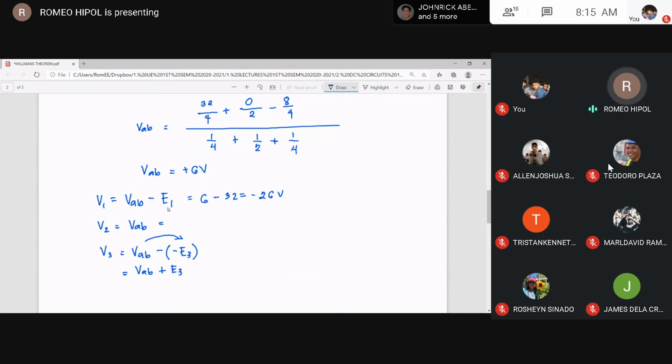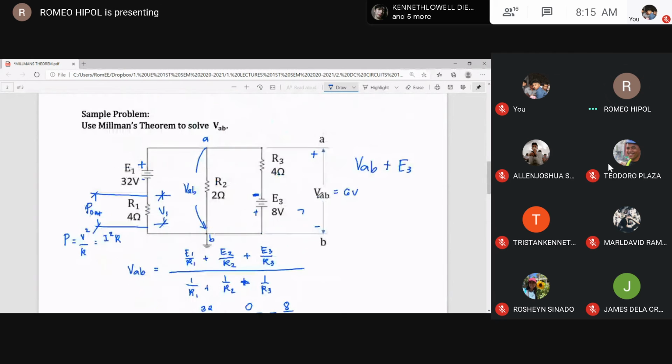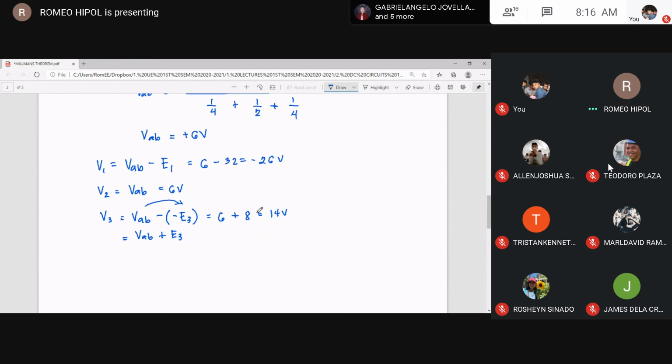For VAB, we have 6 volts positive. Supply for the third is 8, so we have a positive 14 volts. Understood?